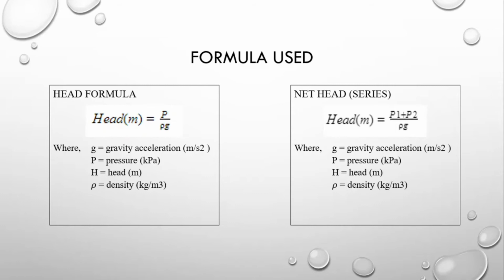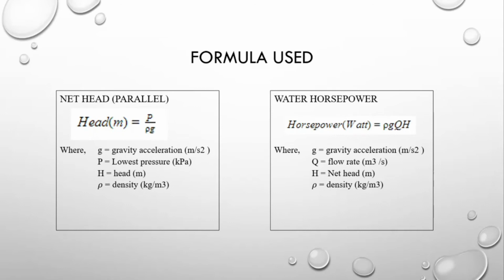For the series pump, the sum of the delivery pressures is used to calculate the net head. For the parallel pump, we consider the lowest delivery pressure to calculate the net head. And for the horsepower calculation, the calculation is the same for all configurations: single, series, and also parallel pump.